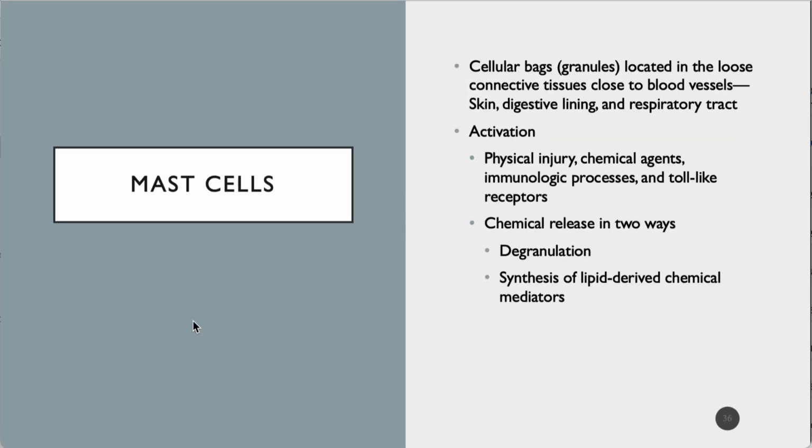All right, so here we go again with those mast cells. These mast cells are an important part of the inflammatory process, which is in part a component of the immune response, right?